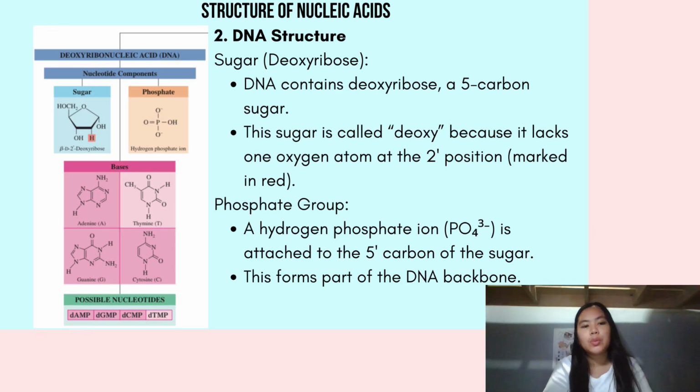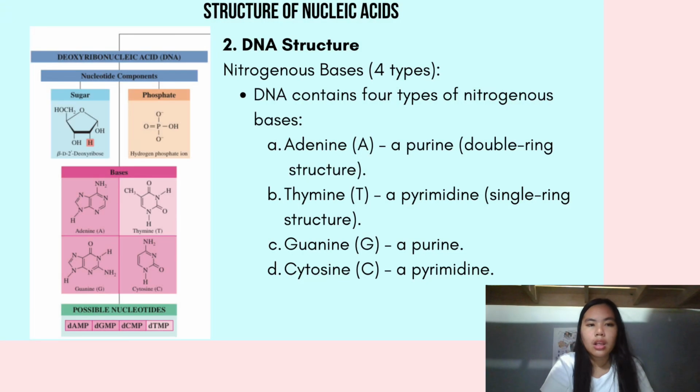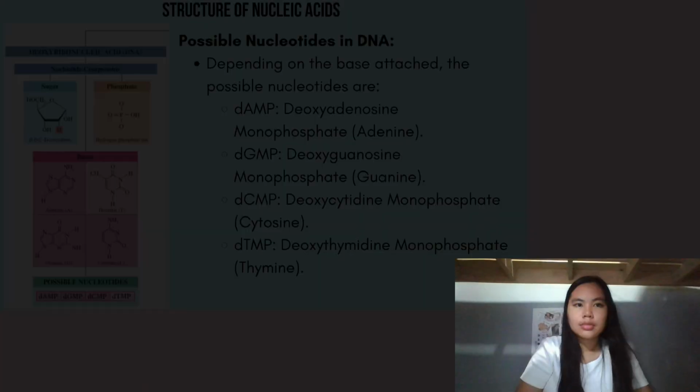So for the phosphate group, a hydrogen phosphate ion is attached to the 5' carbon of the sugar. This forms the DNA backbone. DNA has 4 types of nitrogenous bases, which are adenine, a purine, thymine, a pyrimidine, guanine, a purine, and cytosine, a pyrimidine.